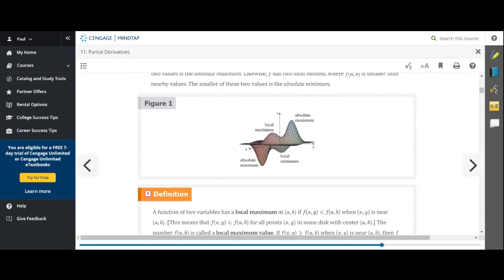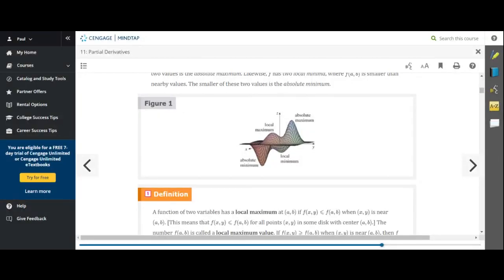Well, think about the maximum. Look at one of the maximums there, that big maximum there.